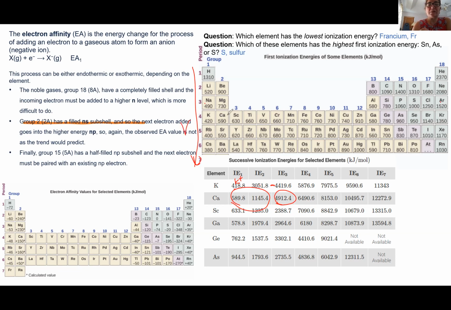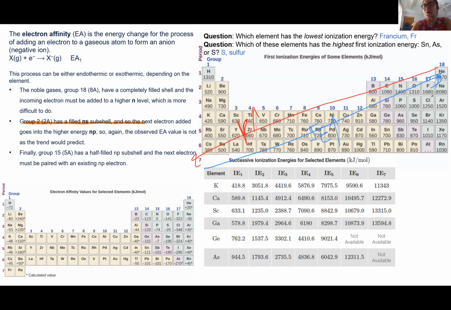Let me put it this way. I think students found it easier if I put it diagonally. So radius is increasing this way. The R value is increasing. And then ionization energy is increasing this way.